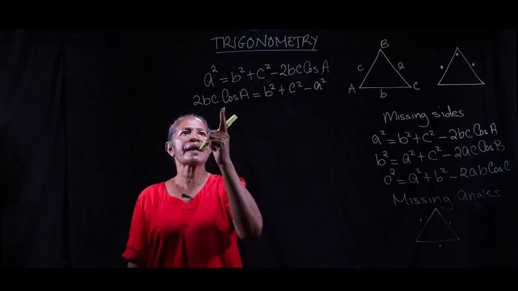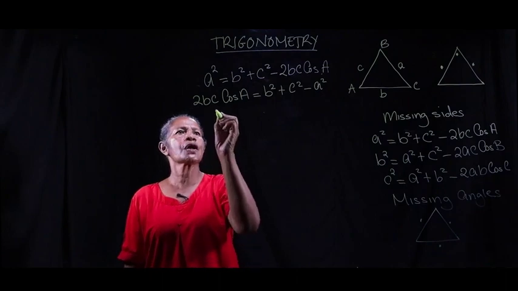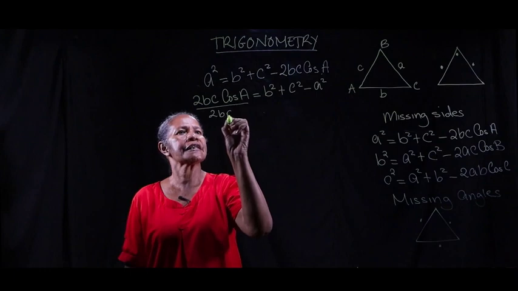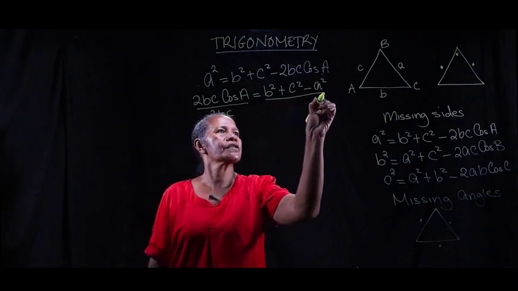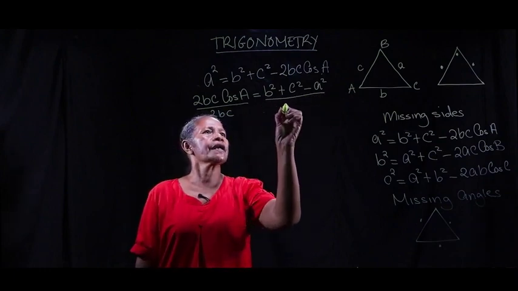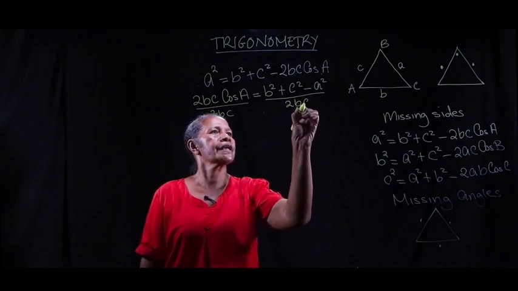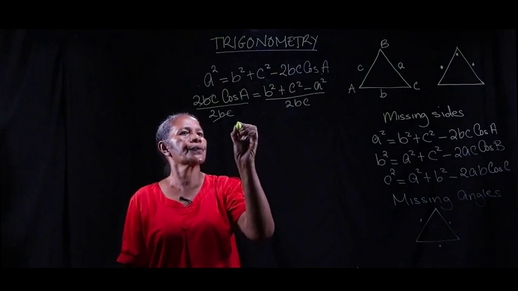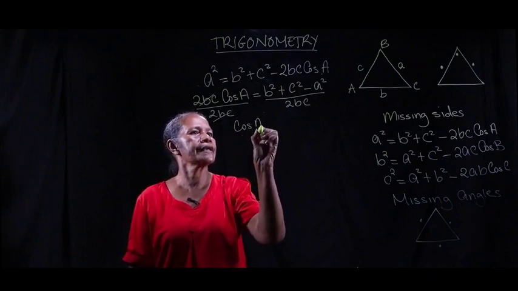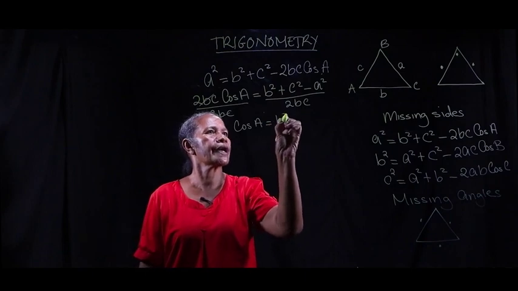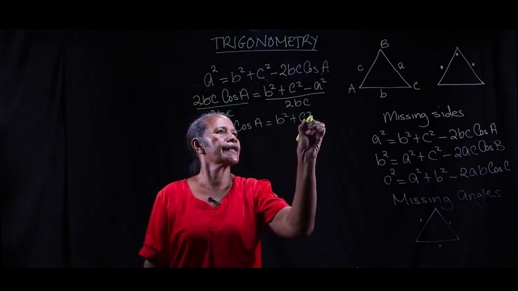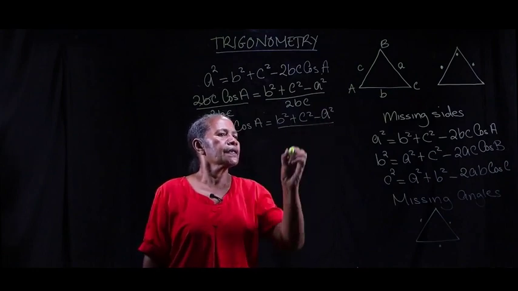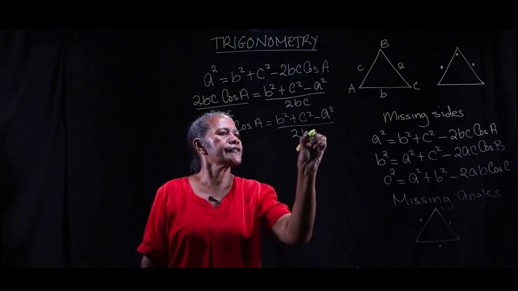Now we want cos A alone, so we will divide by 2bc. Whatever we do here, do likewise on the right-hand side, so we divide also by 2bc. This cancels with this, and we are now left with cos A is equal to b squared plus c squared minus a squared over 2bc.